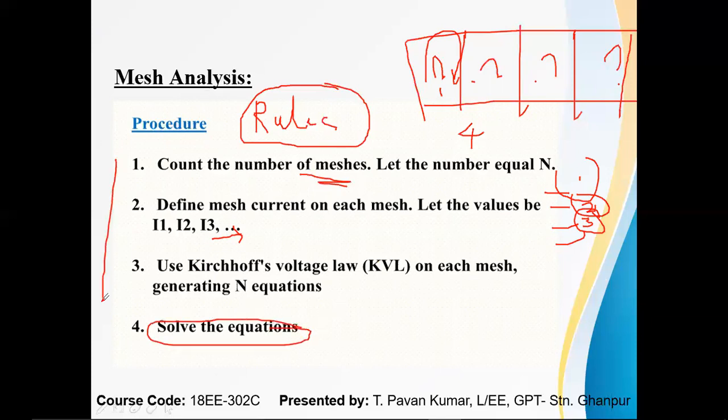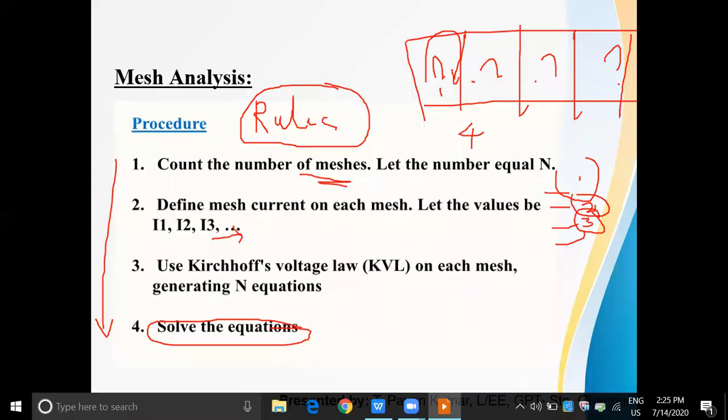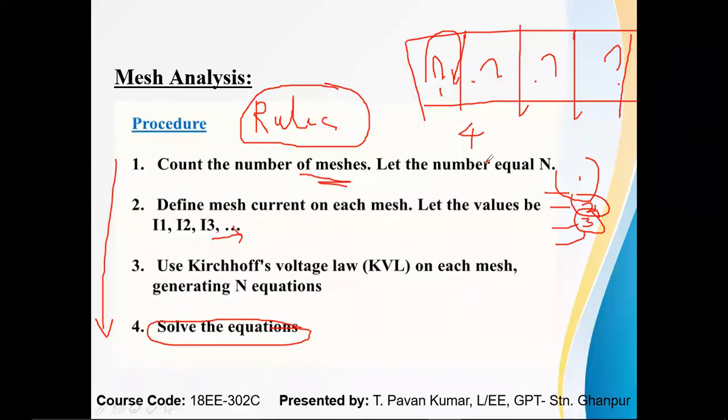So these are the 4 important steps you need to remember. By using this procedure and these rules, you go on to find the branch currents or mesh currents for the particular circuit.